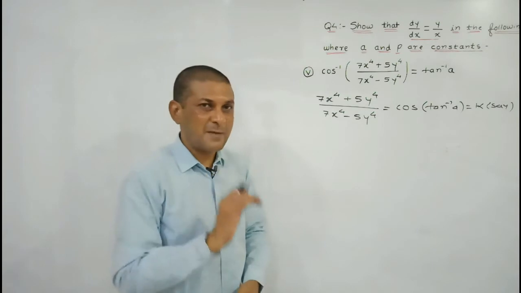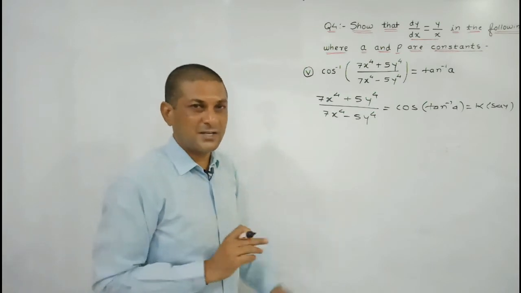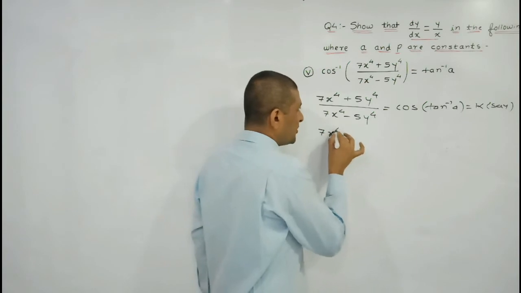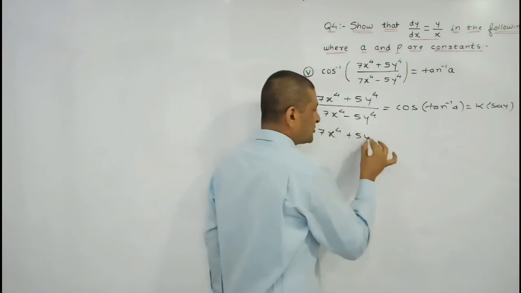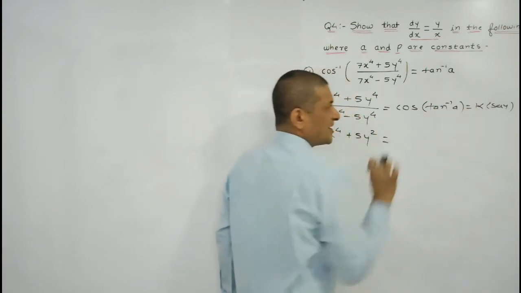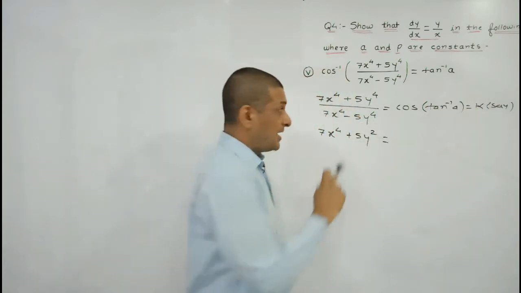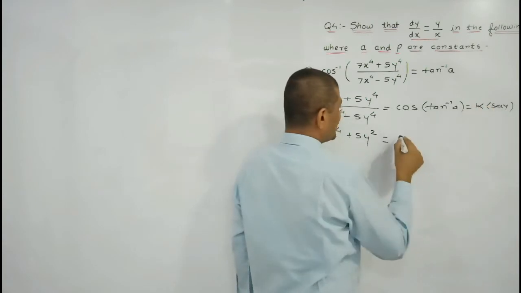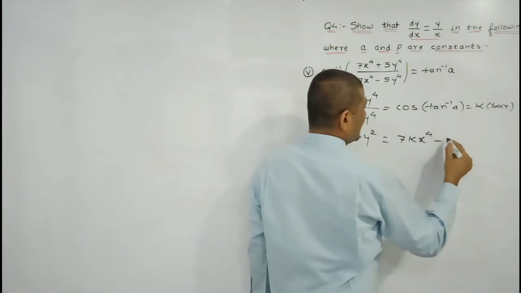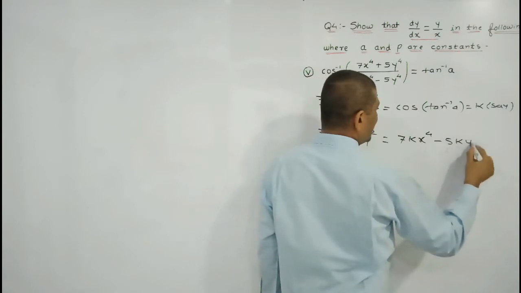For simplicity, I am denoting this constant term by k. So here 7x raised to power 4 plus 5y raised to power 4, keep it as it is. This denominator will get multiplied by k on the right hand side. If I am multiplying it by k, what will we get? 7k x raised to power 4 minus 5k y raised to power 4.